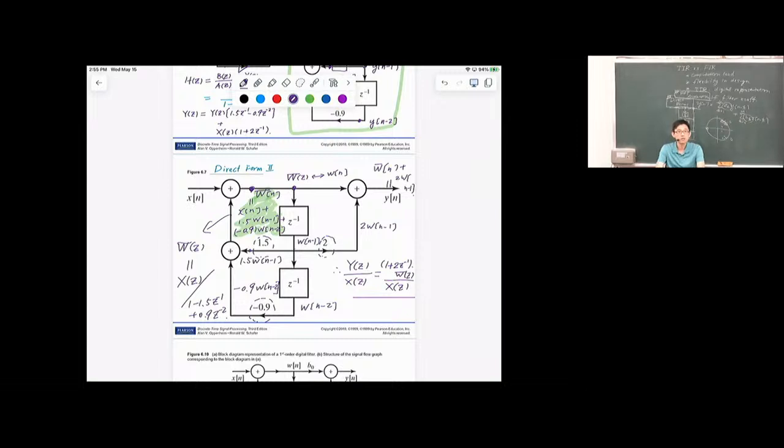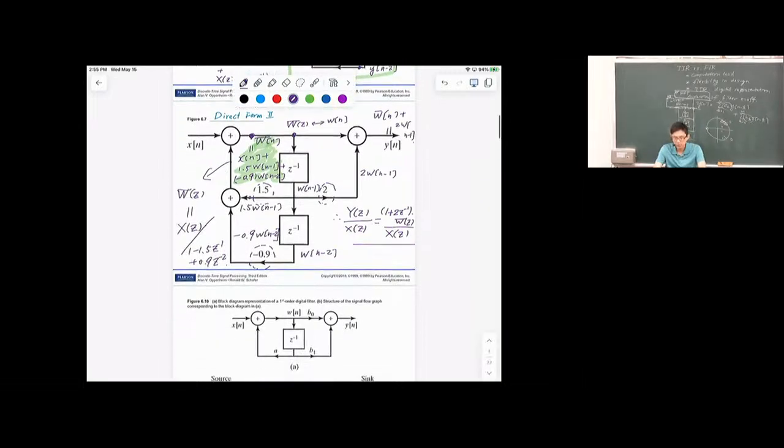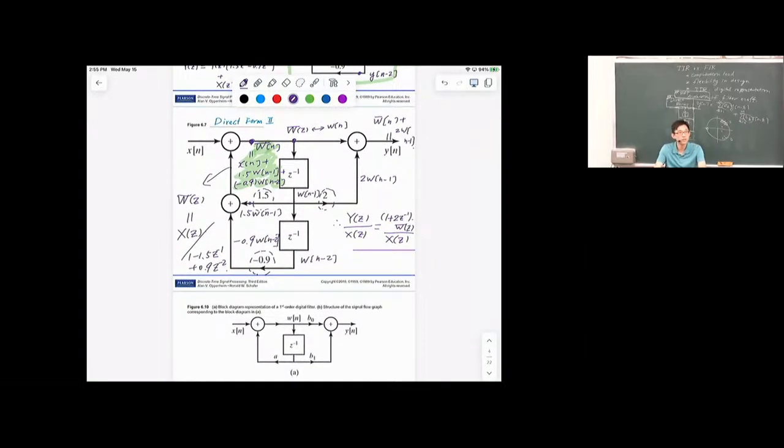When you become good at this, it's not that hard. You can see that. And with this relation, we are ready to organize everything in the final step.